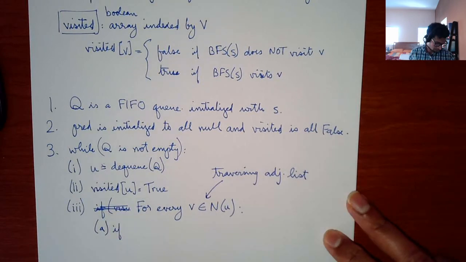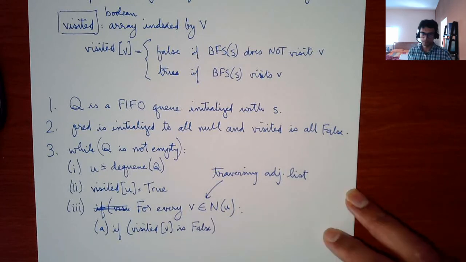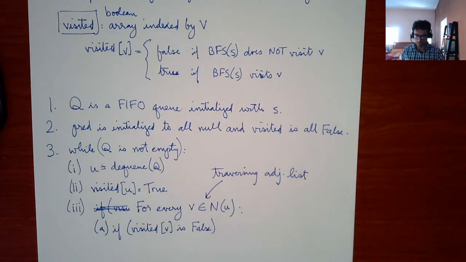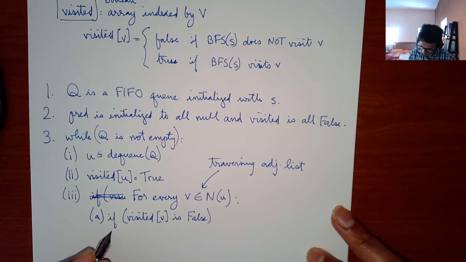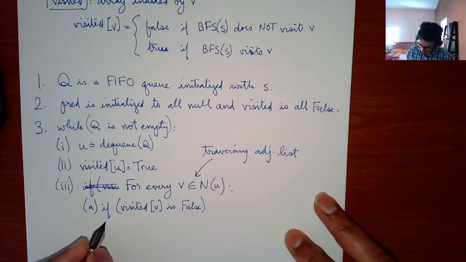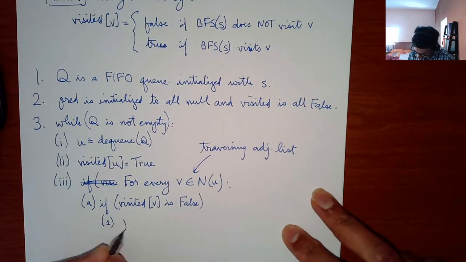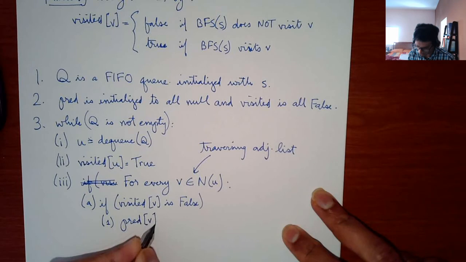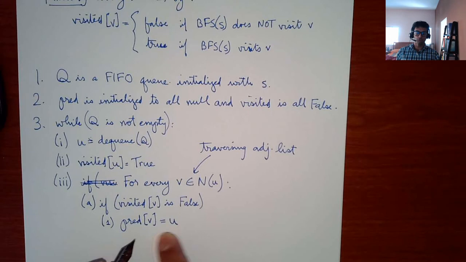If visited of V is false, so if the vertex has not been visited, then it sets the predecessor of V to be U, saying that I visited V from U.